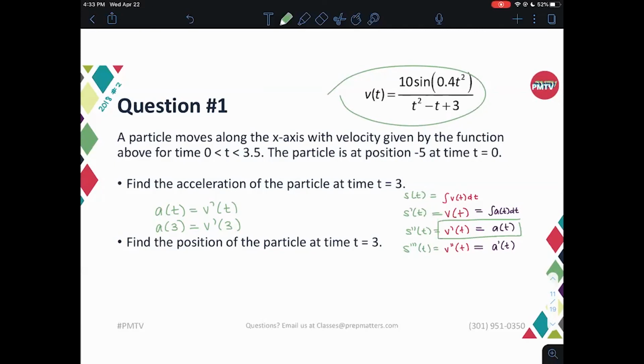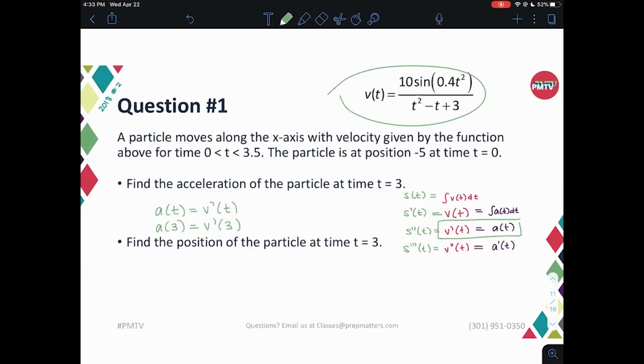There's no reason to do this by hand if this is on a calculator section of the old type of AP exam, which it was, or if you have a calculator in front of you for the new type of AP exam. You can do differentiation in your calculator, just like I just showed you integration. It's the function right above integration in that math screen. And I will show you what that looks like in a minute.